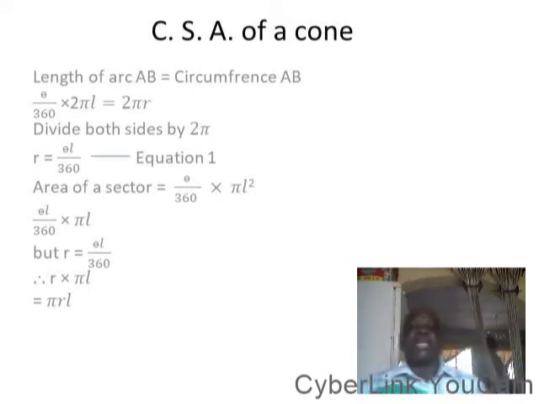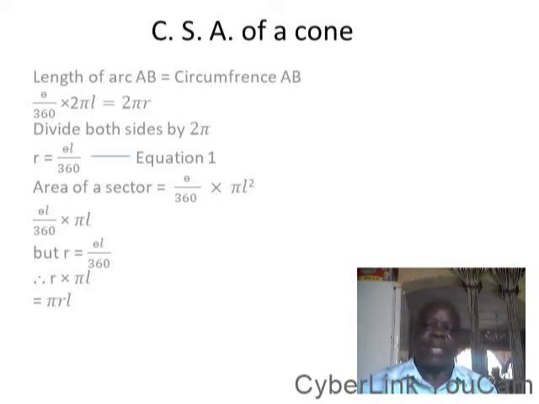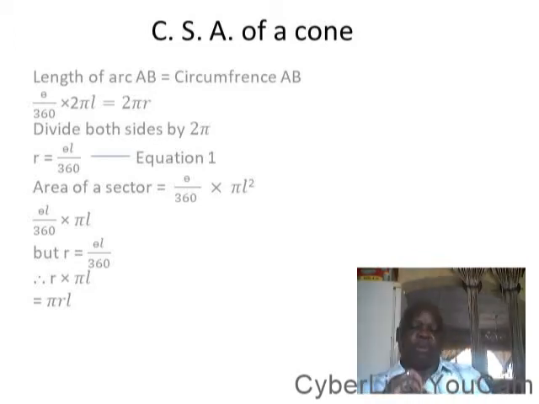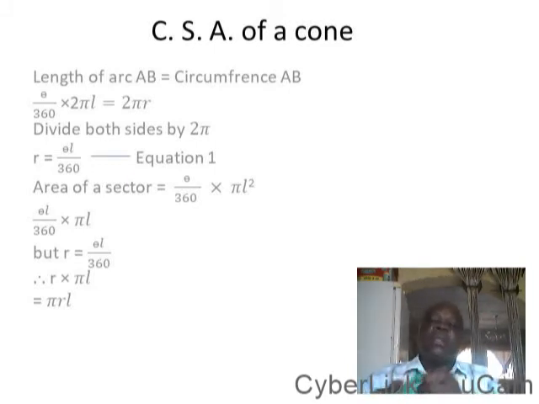Now let's look at the arc length of a circle, which is given as theta over 360, where theta is the angle, multiplied by 2 pi r. Now that r is supposed to be r, but we call it l because when it turns to a cone, it changes to a slant height l. Now this is equal to the circle that it formed when it becomes a cone.